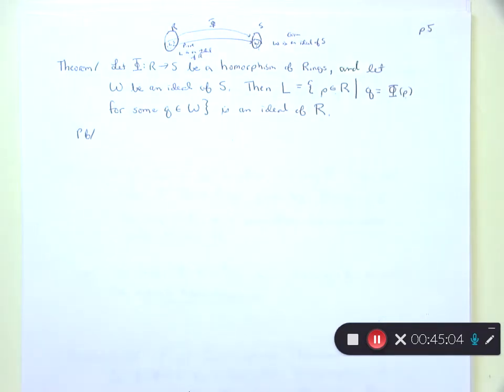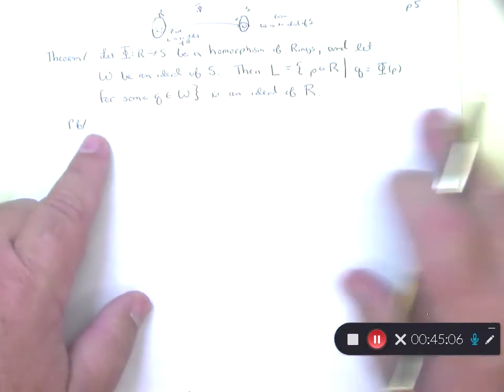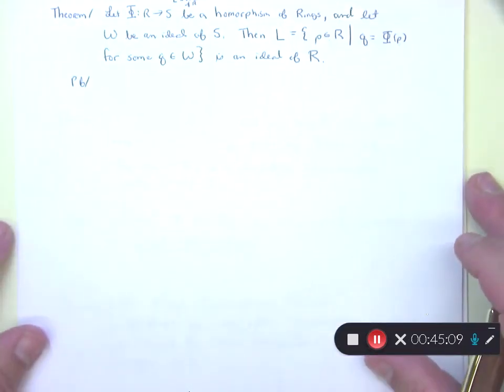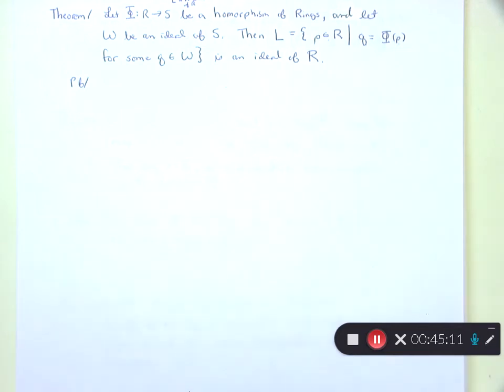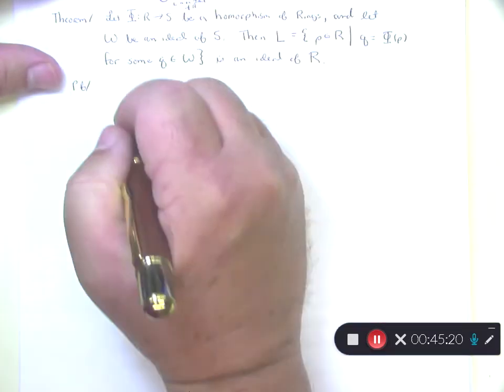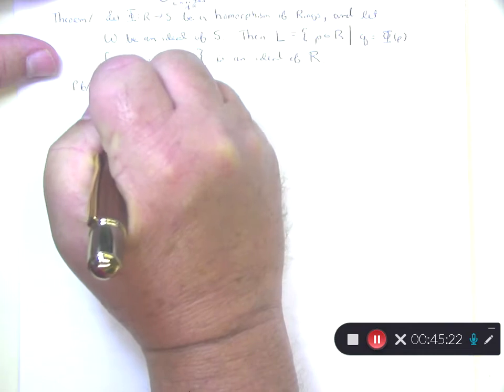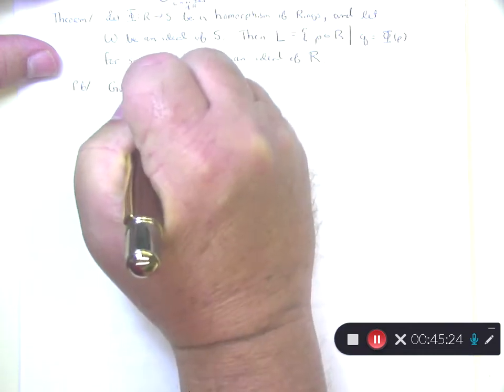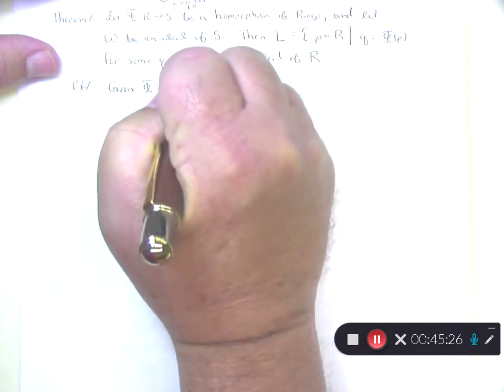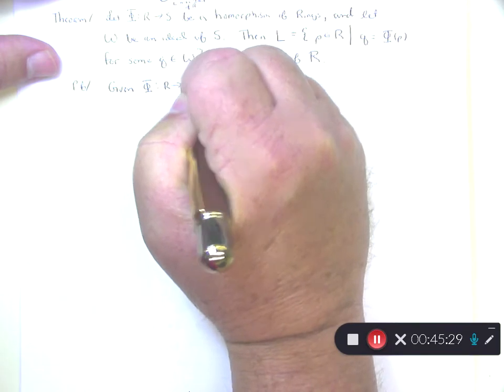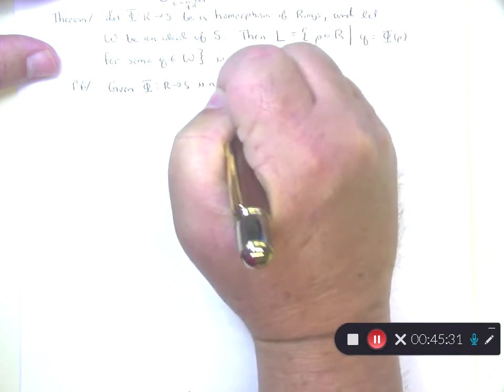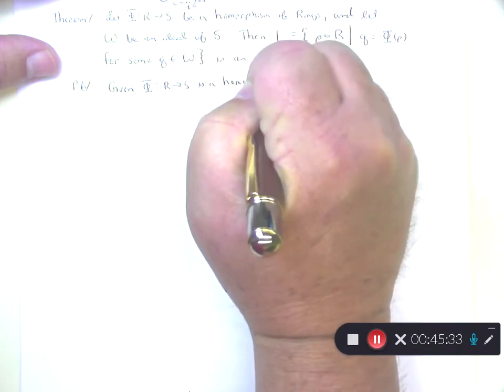So this one's going to be a little bit longer proof, so I'm going to stretch it out a little bit here. So let us prove this thing. I'm going to prove some dude is an ideal. I'm going to quote my theorem 6.1. So here we go. Start with your givens. Given phi going from R to S is a homomorphism of rings.